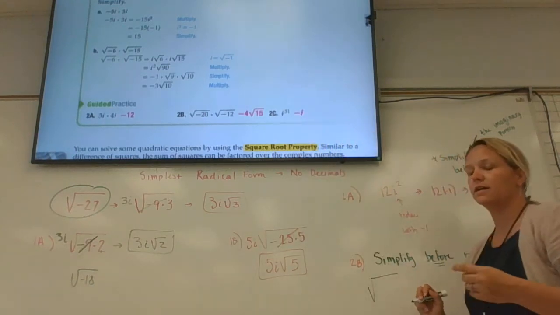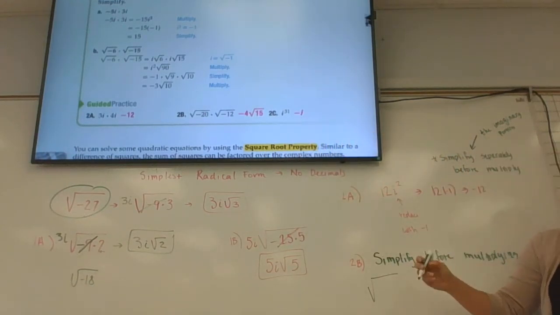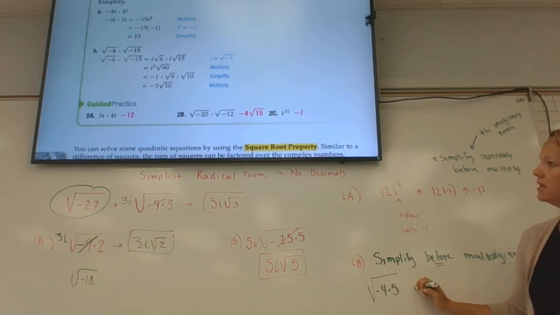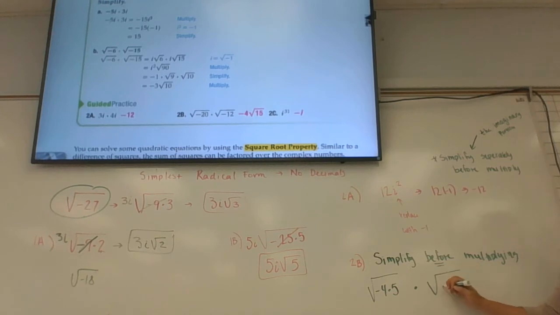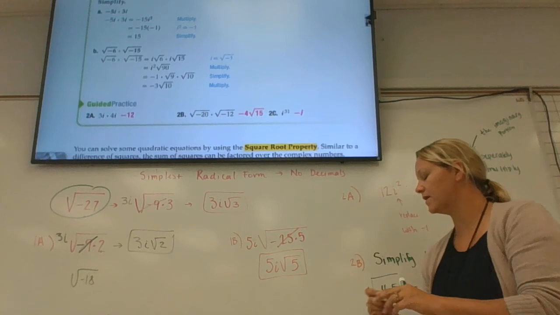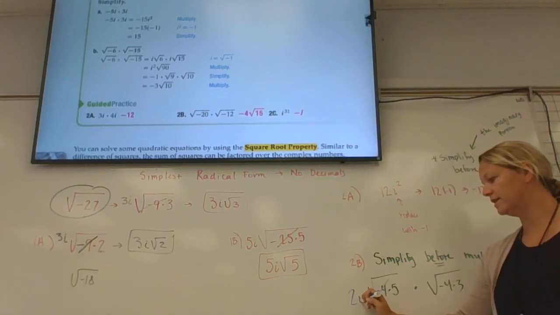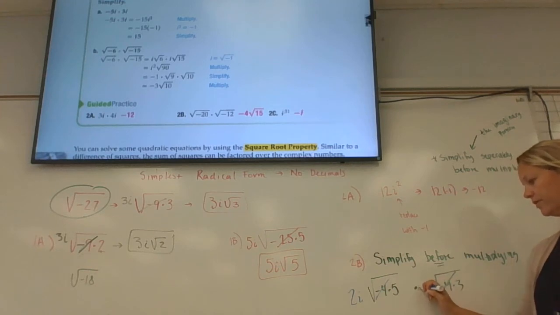So for 20, it divides by 4. So I'm going to rewrite 20 as 4 times 5. And for 12, I'm going to rewrite it as 4 times 3. This is the same as 20, and this is the same as 12. But these numbers can be simplified, so they're better. So when I square root negative 4, I put a 2i on the outside of both of these.